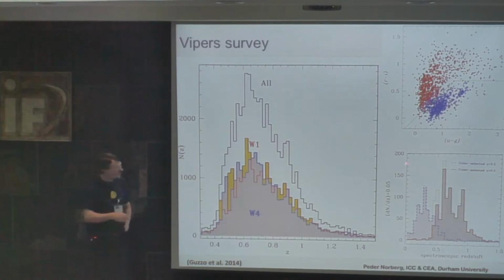And here, to show that it is working, those that are color selected to be below redshift 0.5, in the blue histogram, give you this distribution here. It's pretty much died out at redshift 0.6, and at 0.5 there are not that many of them. And these ones are color selected to be above redshift 0.5, and you have a bit of a tail down here.